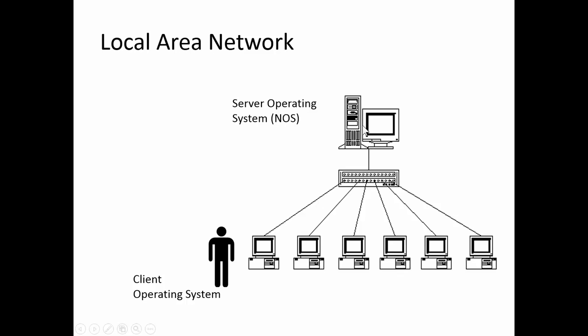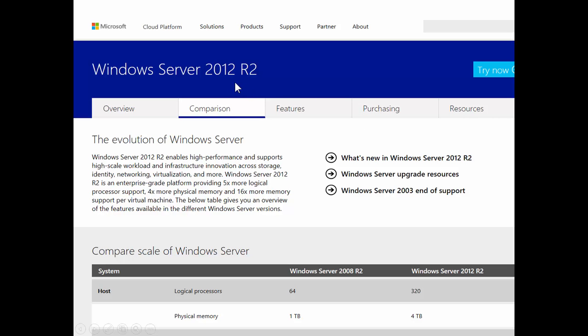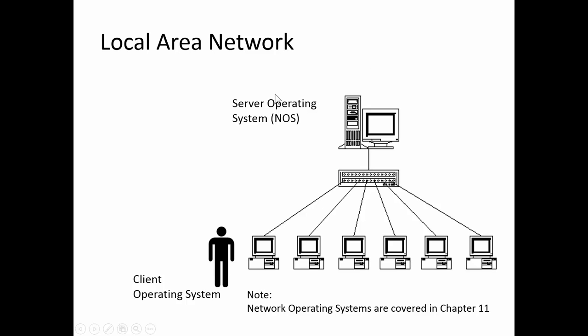An example might be Windows 2012 Server or Windows 2016 Server. The network operating system runs the server, and the client operating system runs the workstation. Note, network operating systems are covered in greater detail in Chapter 11.